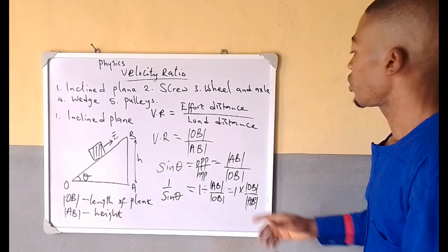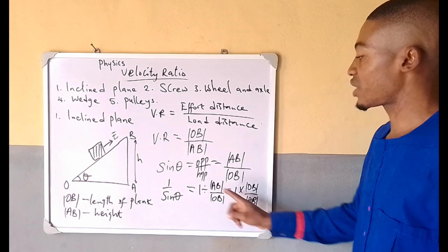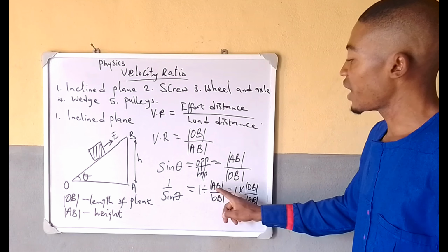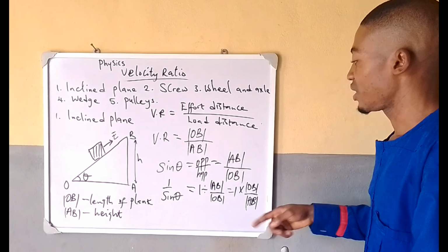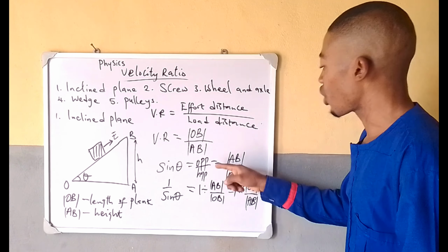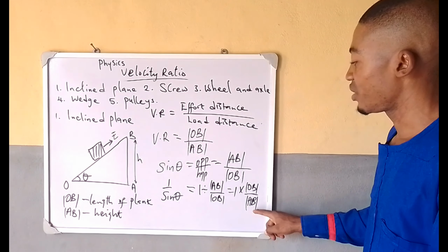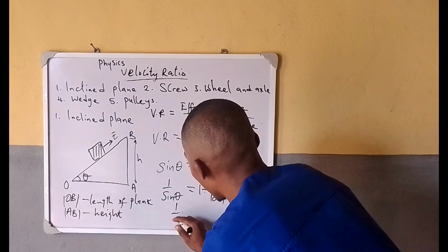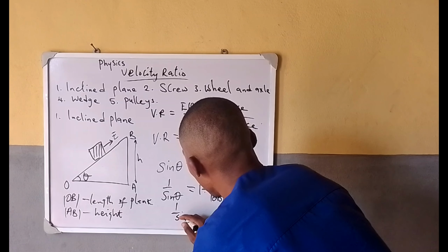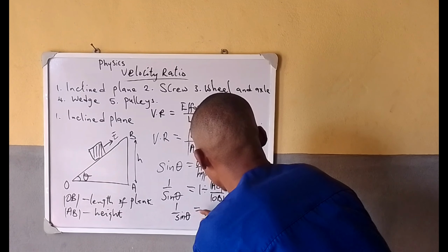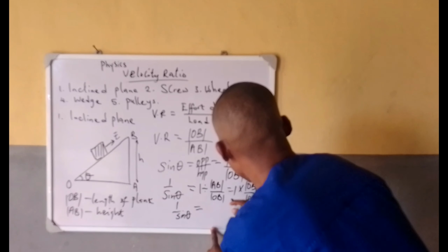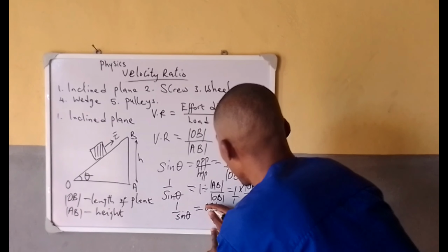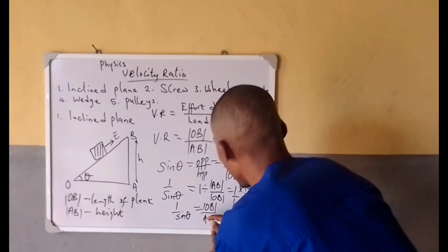It's a simple law in mathematics that when you change the division sign to multiplication, the next fraction will be inverted. So OB comes up, AB comes down because I changed the division sign. So it means that my 1 over sine theta is equal to 1 times this. 1 times OB is OB over AB.